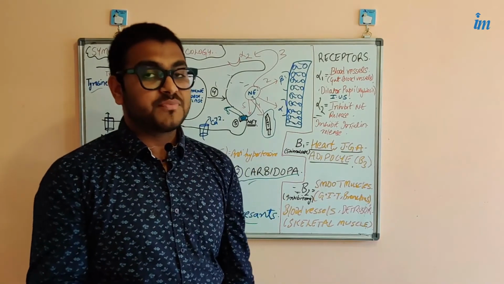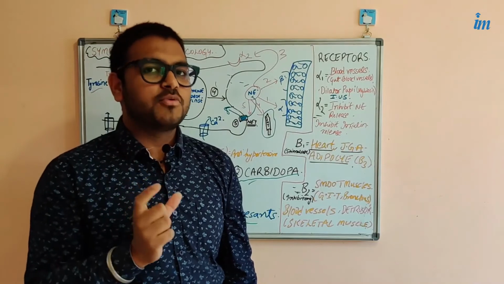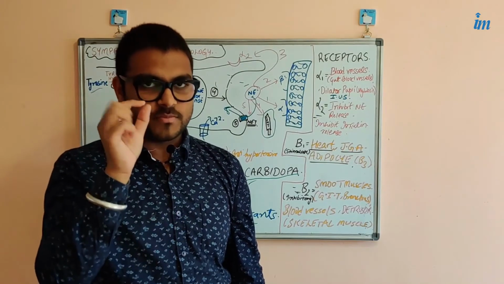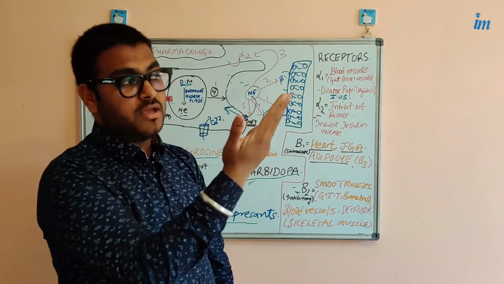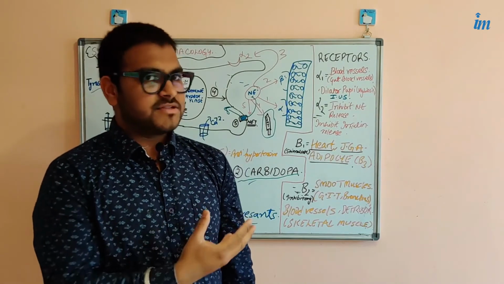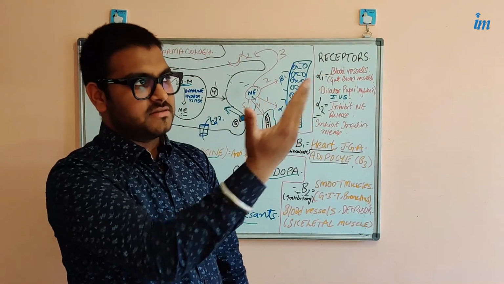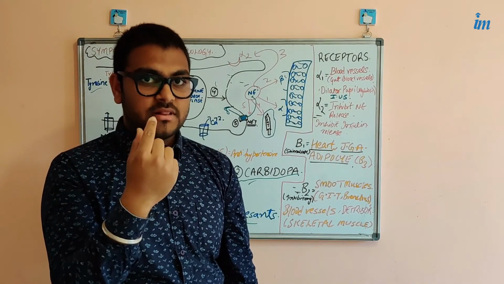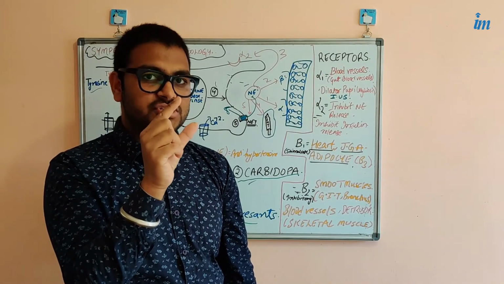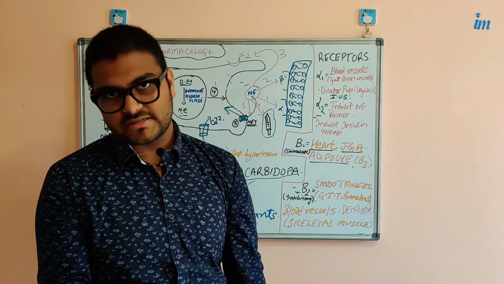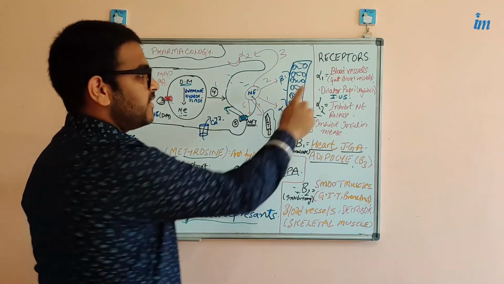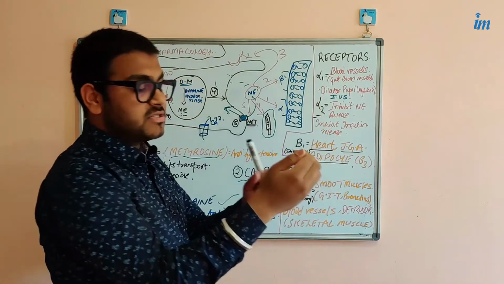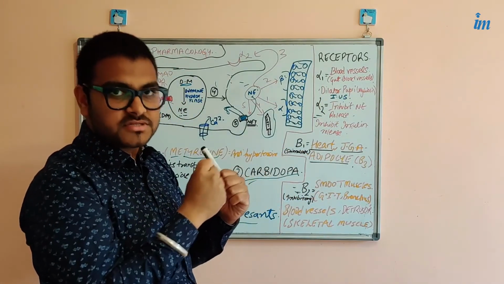Alpha 1 receptor is also present in your dilator pupillae muscle, the radial muscle of the pupil, because when you are in an emergency you want to see as far as you can. So the alpha 1 receptor in the pupil causes contraction of the dilator pupillae muscle, and it will cause dilation of the pupil, or mydriasis.